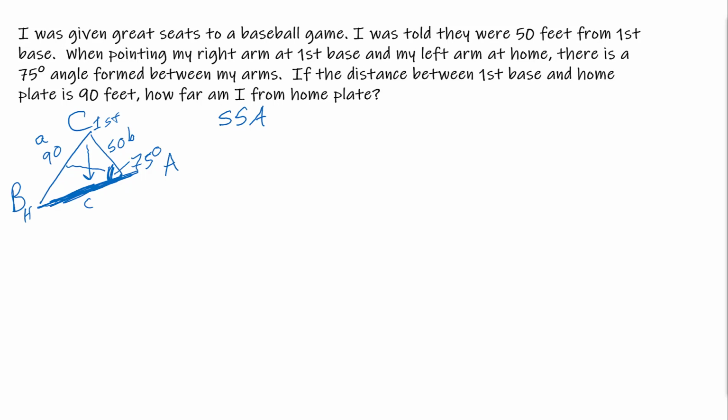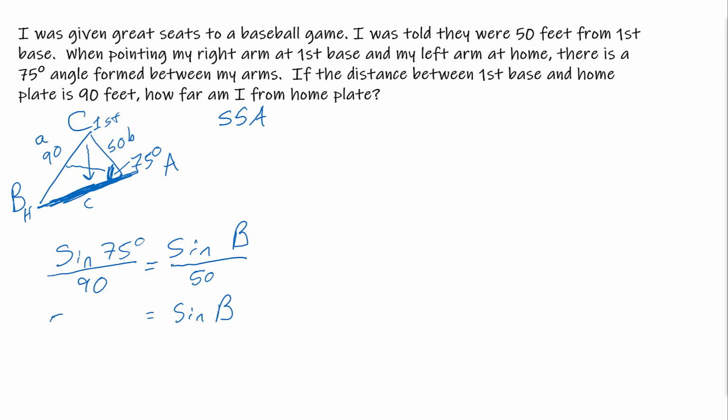We know that sine 75 degrees divided by 90, because 90 goes with the 75, is equal to sine of whatever B is divided by 50. So in other words, sine of B is 50 sine 75 divided by 90.